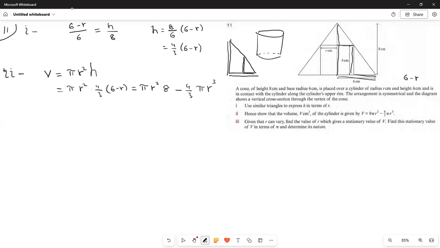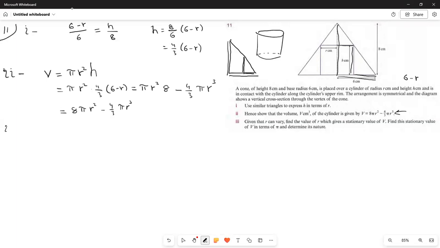This r into r squared will become r cubed. So let me write it down again: it's 8 pi r squared minus 4 by 3 pi r cubed. This is what it says here. So this was part 2.